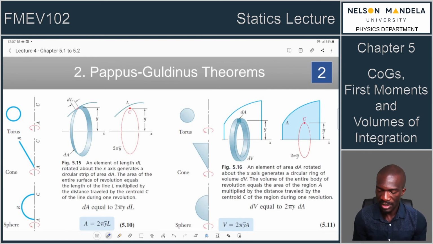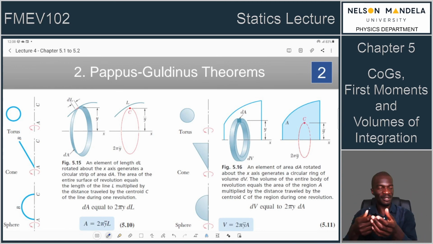Right, so Pappus-Guldinus theorems basically define how one would get an area or a volume of integration from some geometry. It can be a line, it can be an area. So one should notice that if we are to make a surface area, you remember when we used to play with paper and fold paper to make a cylinder, right?